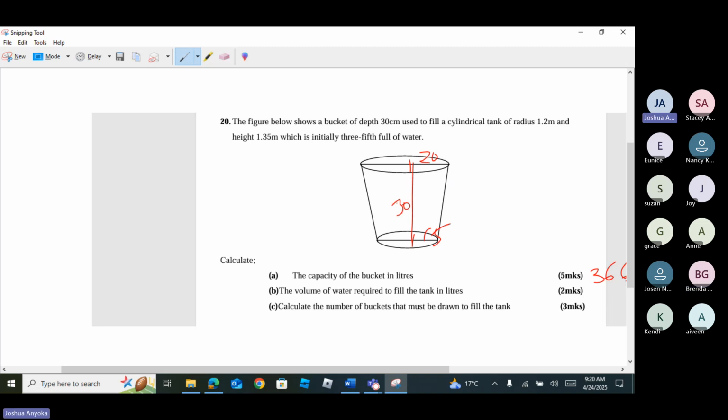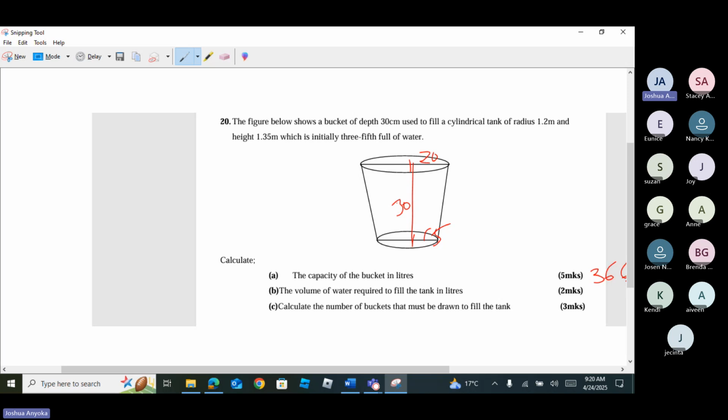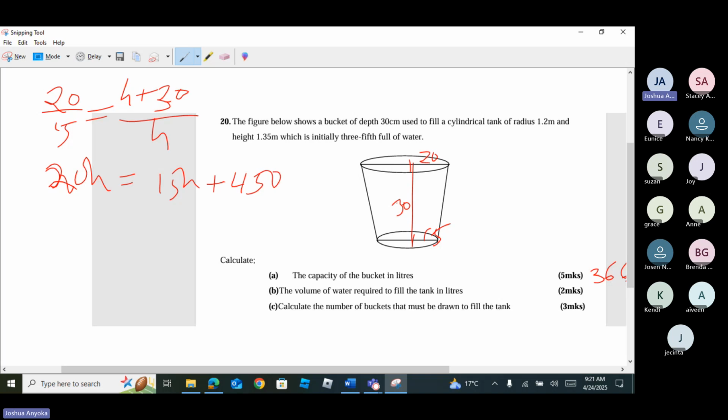So the capacity of the bucket, we find the volume of the bucket. Similarity and enlargement: 20 over 15 is equals to H plus 30 over H. 20H is equals to, this one is a very common concept, 20H is equals to 15H plus 450, that is 15 times 30. 5H is equals to 450.